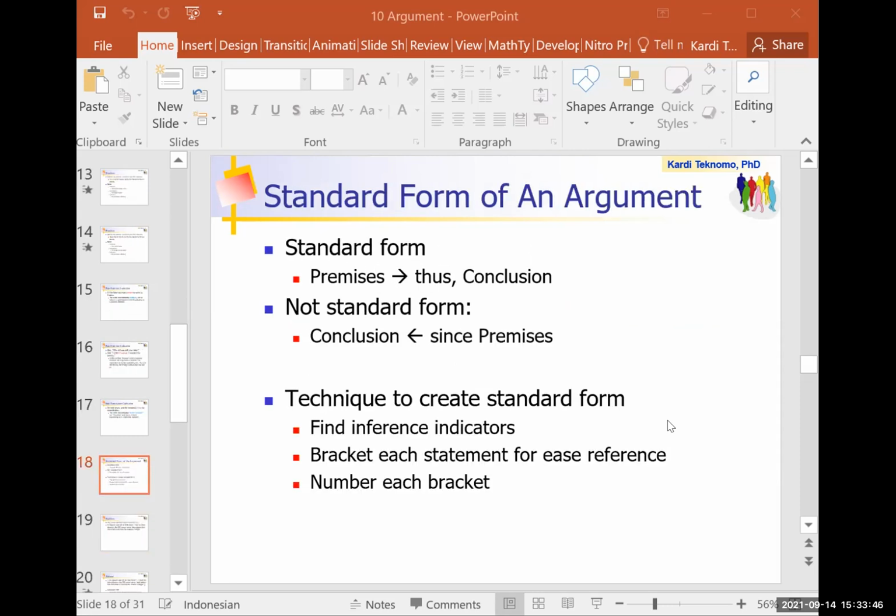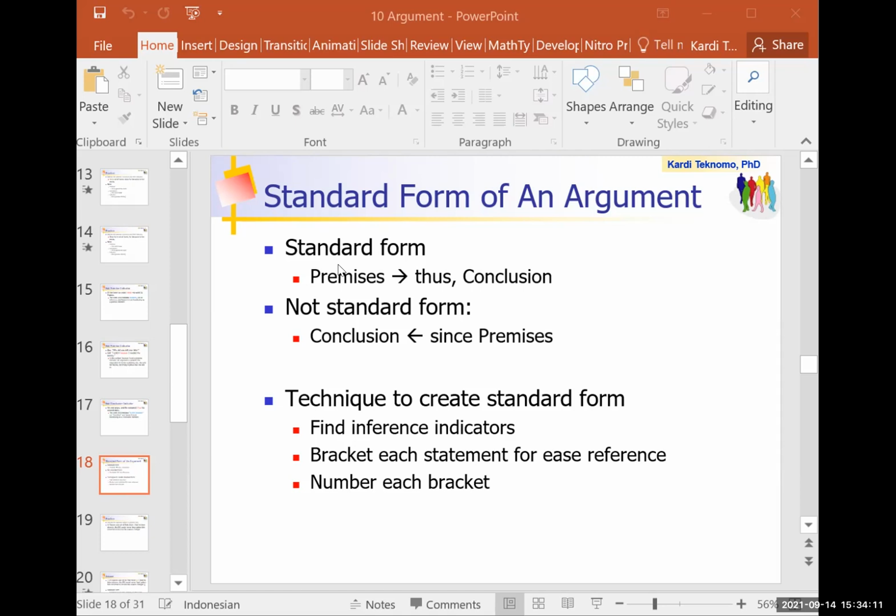Okay. Now, in the standard argument, you have premises. If premises, then conclusion. But you can also do it a different way, non-standard form. Conclusion, since, premises. So look at the arrow there.